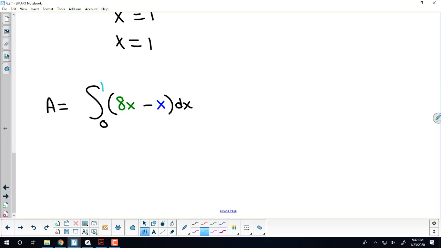Okay, that's for the first piece, plus the area of the second piece. And that was 8 over x squared minus x. Is everybody all right with that? Any questions?